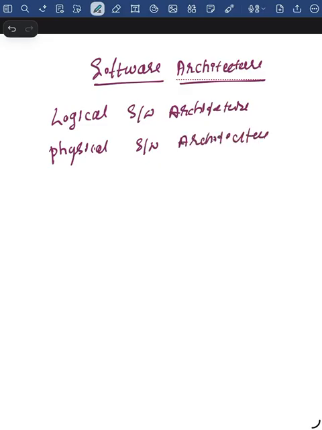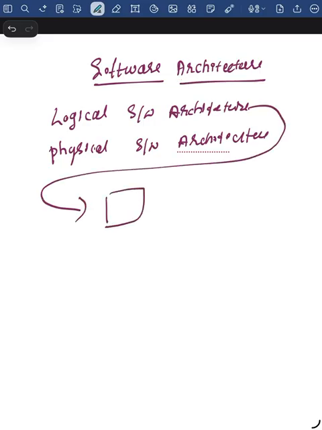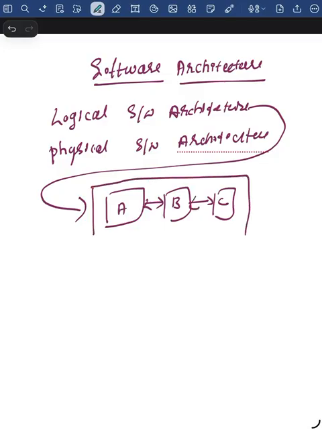So, what is logical software architecture? It is grouping the components, component A, B, C, and defining how they interact with each other. This is the logical grouping of the system.